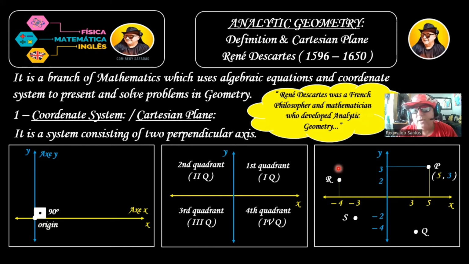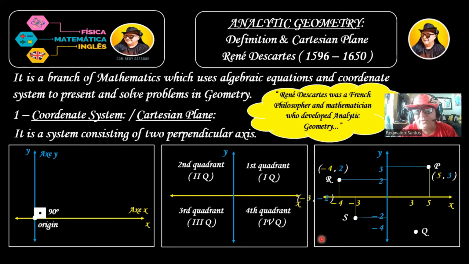Let's see how to plot point R. You can see here is -4, and here is +2. So point R is -4 and 2. Let's see point S. You can see here -3 and -2.